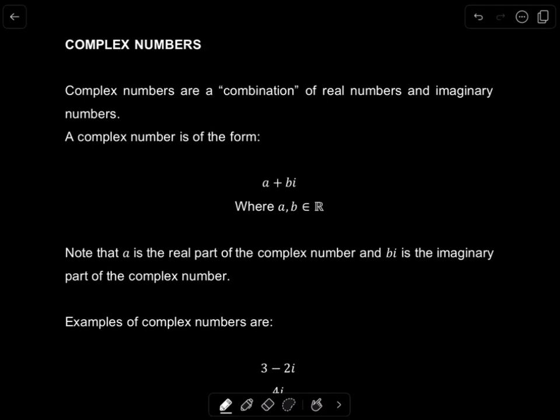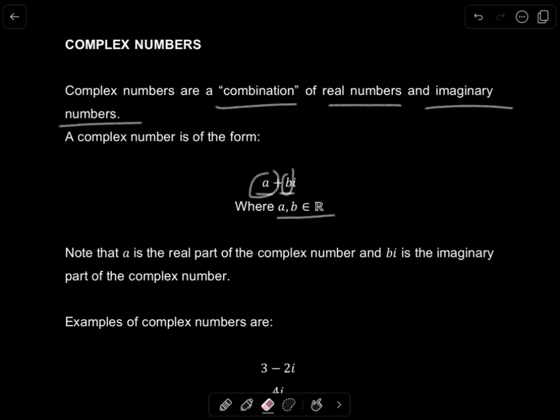So let's look at complex numbers. And complex numbers, apart from their name, aren't really that complex. They're super easy to work with once you get the hang of them. So complex numbers are basically a combination of real numbers and imaginary numbers, as I said on the previous slide. Now a complex number has this form. It's a plus b times the imaginary unit i, where a and b are both real numbers.